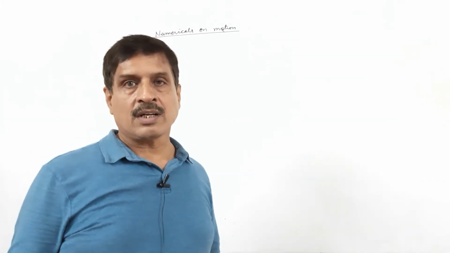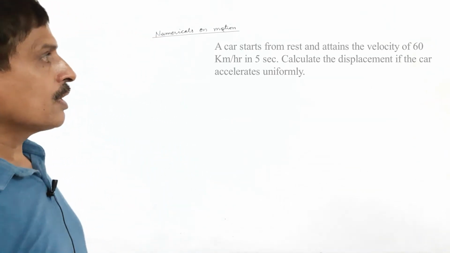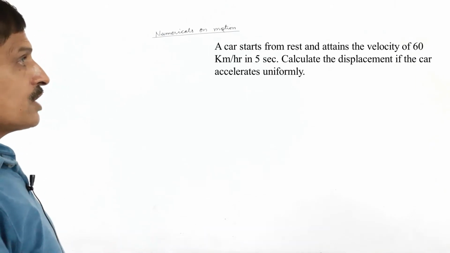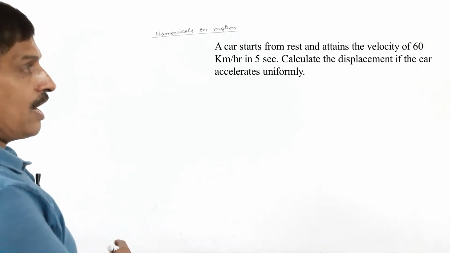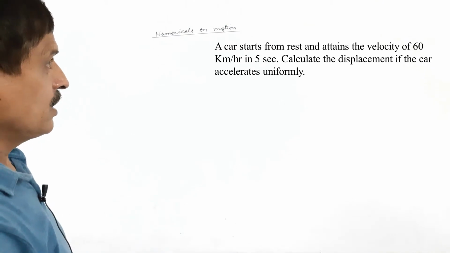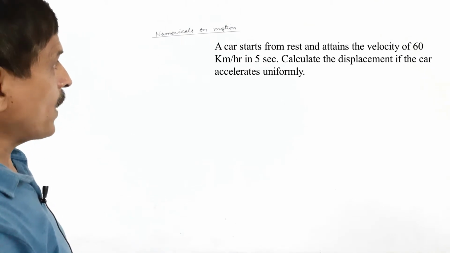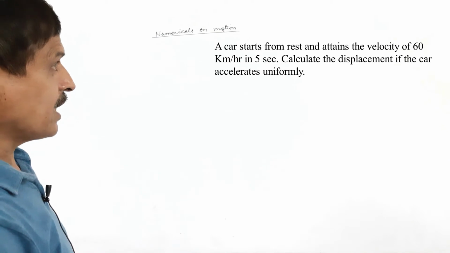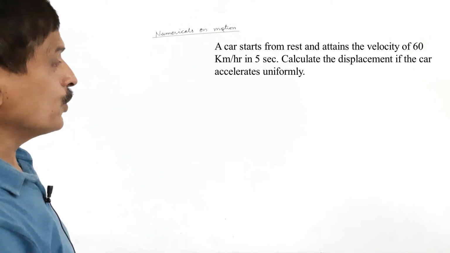Now we consider another numerical problem. A car starts from rest and attains the velocity of 60 km per hour in 5 seconds. Calculate the displacement if the car accelerates uniformly.